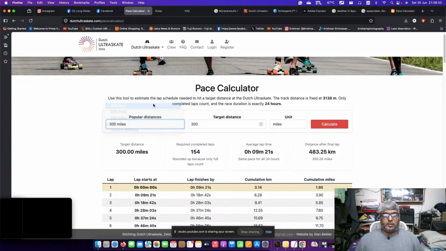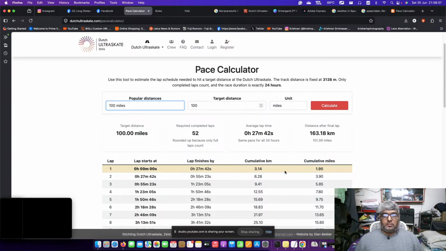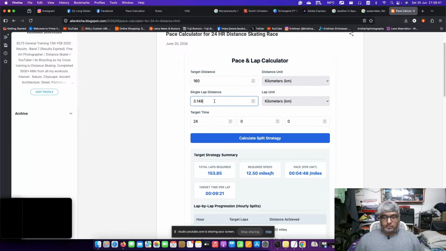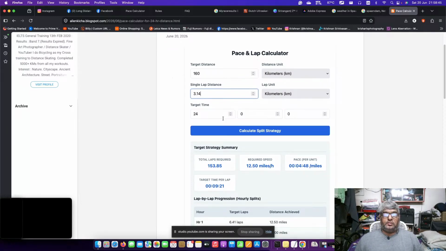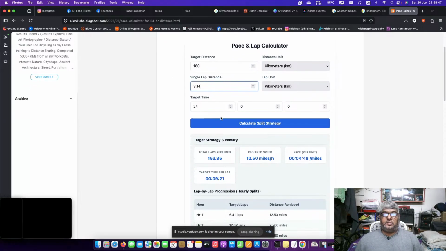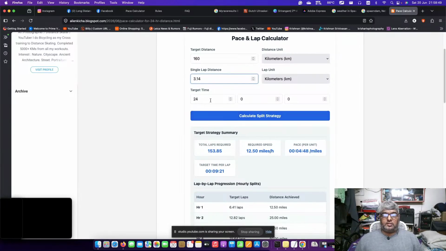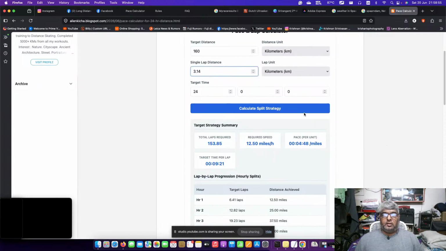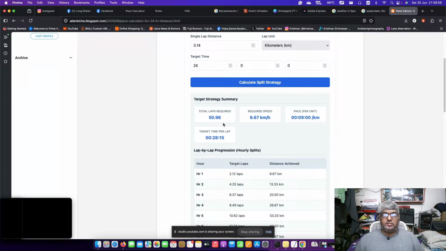Target distance 100 miles. Then 3.14 is the kilometers per lap distance, and I want to participate in the 24-hour skate. So I give 24 in hours, minutes is 0. If I click calculate split strategy, it immediately gives me the split strategy.